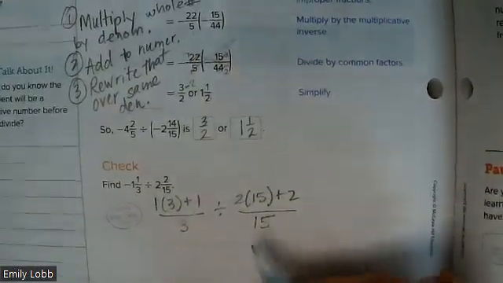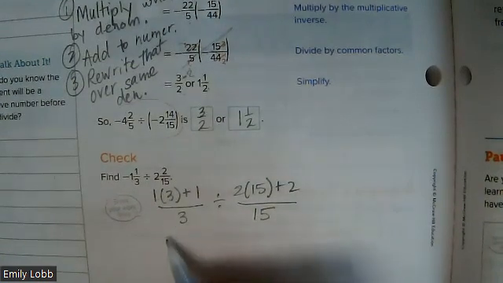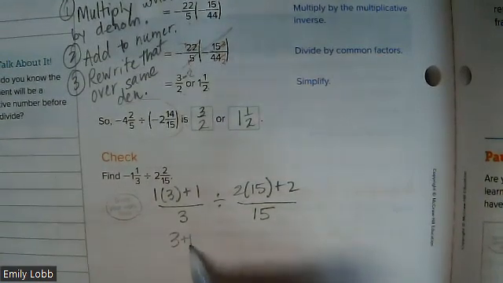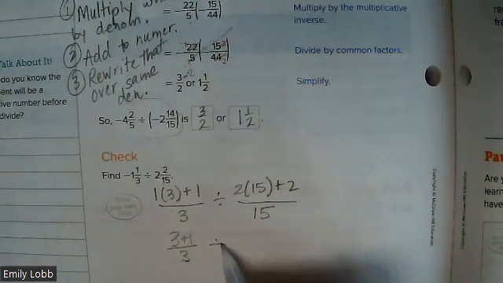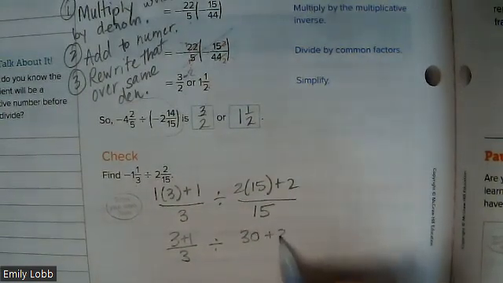If you need to show all these steps, show all these steps. It doesn't hurt, right? 1 times 3 is 3. 2 times 15 is 30.